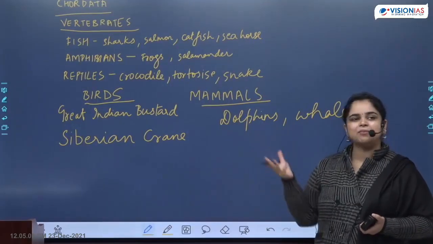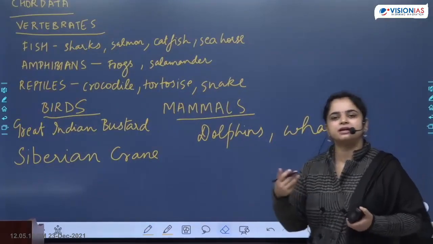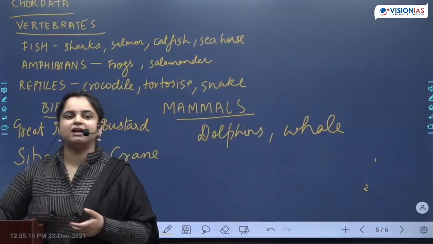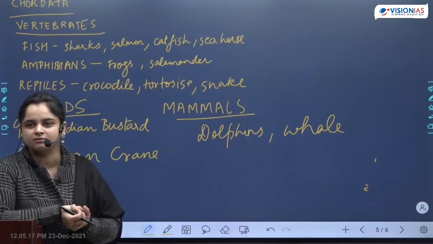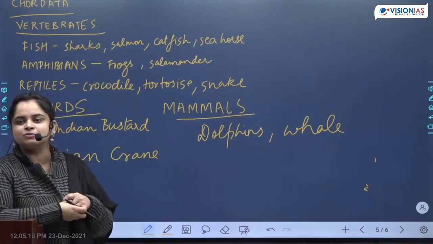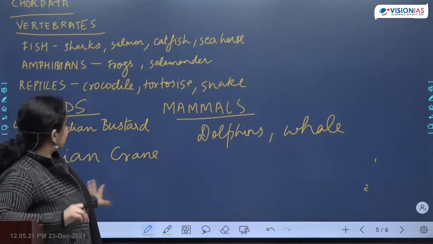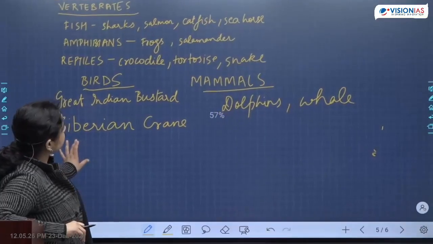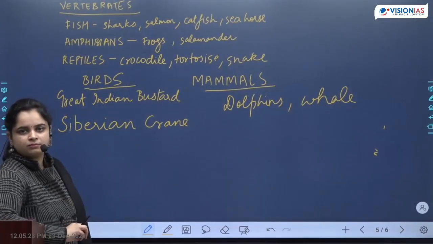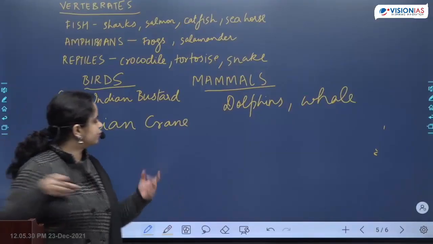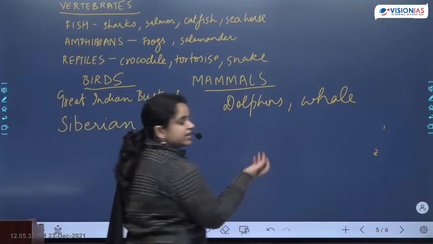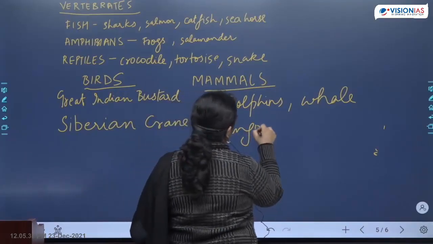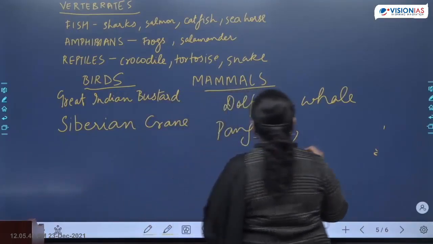The word mammal has basically come from the word mammary gland. Mammary gland means the milk glands. Okay, the milk glands which are present, that is what is basically qualifying something to be a mammal. Okay, and of course, the endangered type of mammals which are there, which your government is talking about, you always have to know about them.